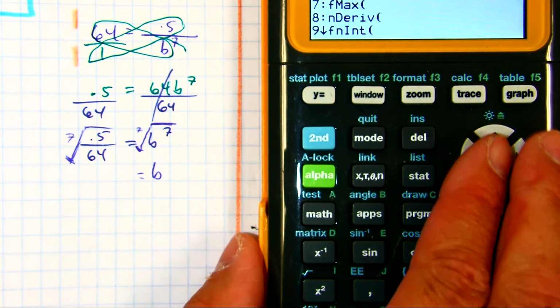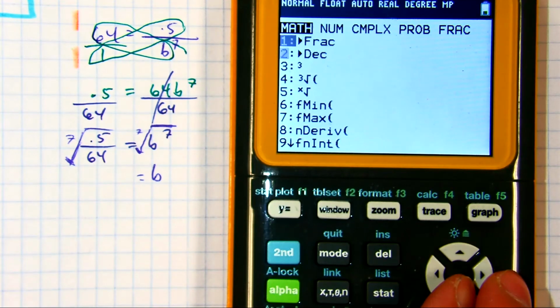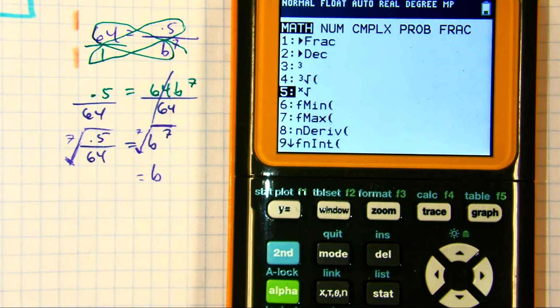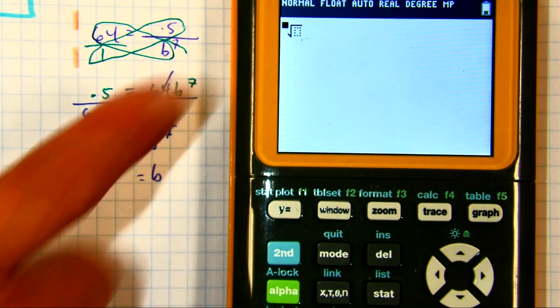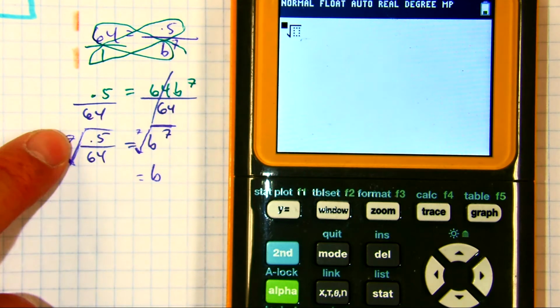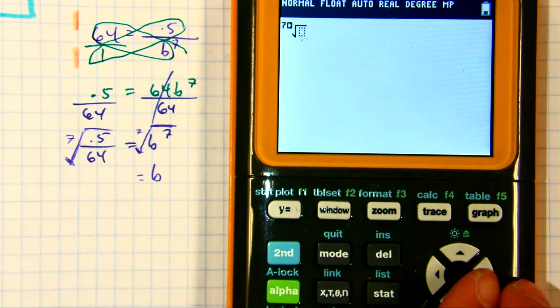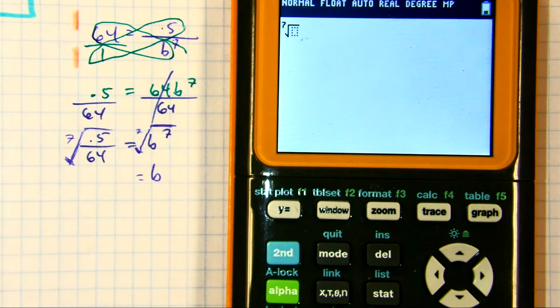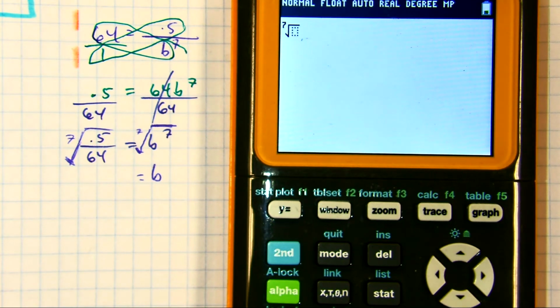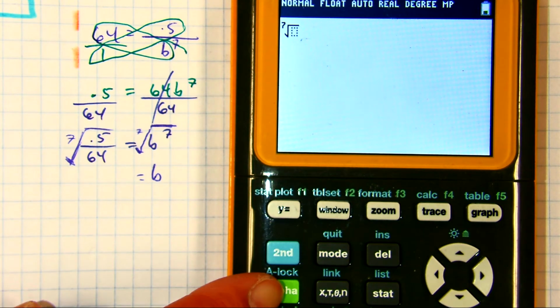And then I'm going to click math, and go down to number 5. And now it's asking you for the index. Our index is 7. And then to get out of that, you just press right. And then old school, you can do parentheses 0.5 divided by 64, or you can do alpha y equals.